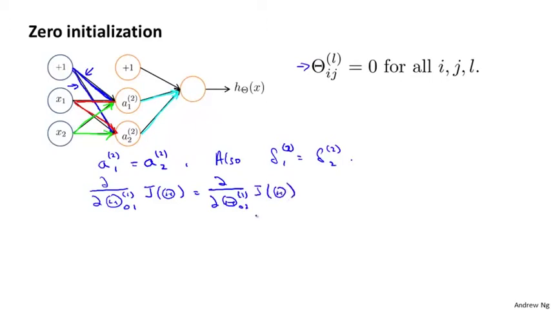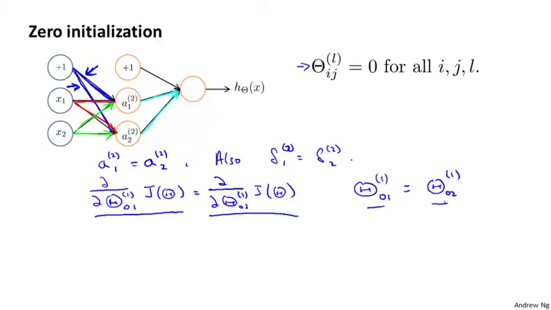So even after one gradient descent update, you're going to update the first blue weight with learning rate times this, and you're going to update the second blue weight with learning rate times this. But what this means is that even after one gradient descent update, those two blue colored parameters will end up the same as each other.